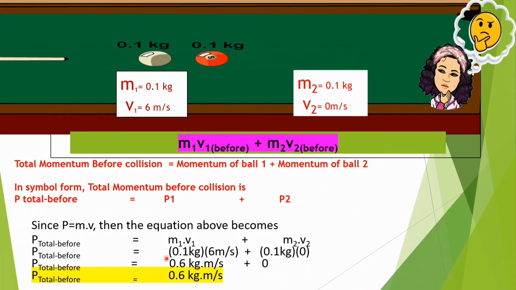So substituting the values, we have 0.1 kilogram multiplied by 6 meters per second plus 0.1 kilogram multiplied by 0. So what we have now is 0.6 kilogram meter per second. This is the momentum of the two balls before collision.